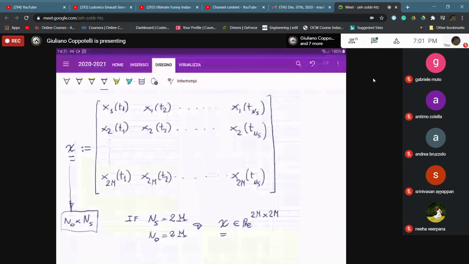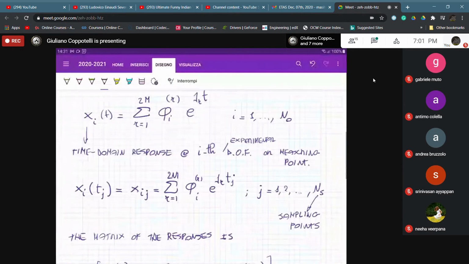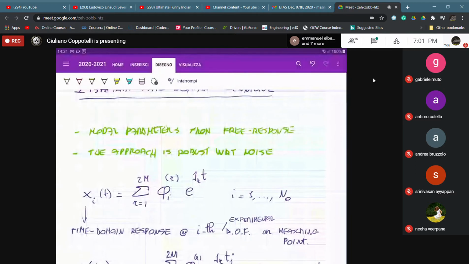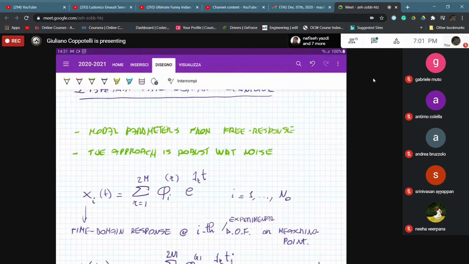If you go back to the very first equation that I wrote, m or 2m, if I'm considering both complex and conjugate parts, is representing the number of modes that I am considering to build your own response. Actually the number of modes is also an unknown quantity, as we considered in the least square complex exponential method that we already saw.